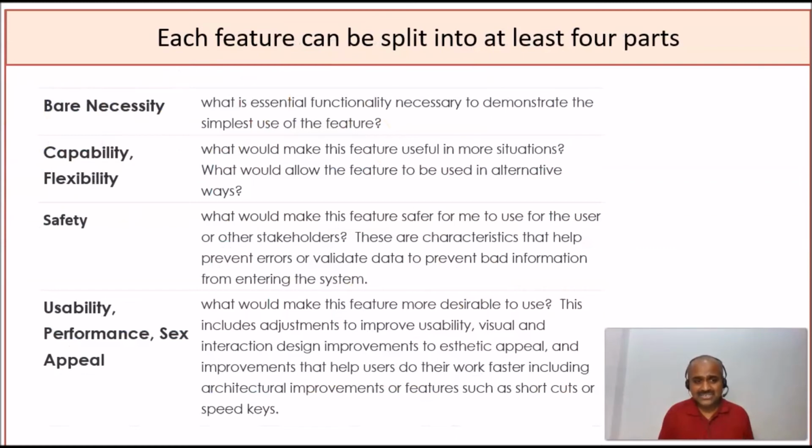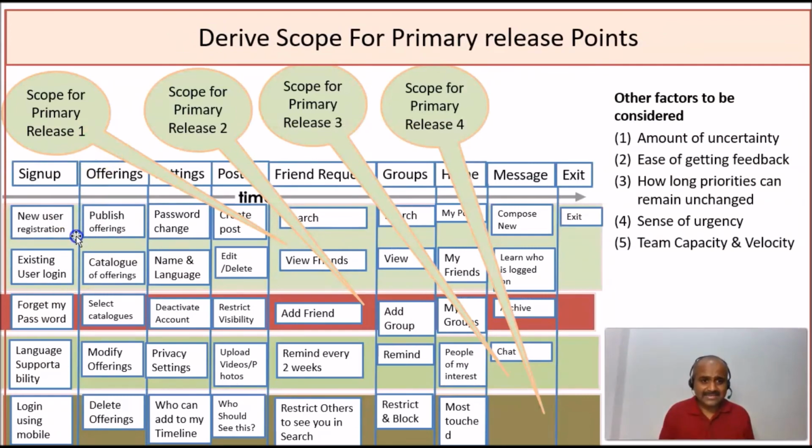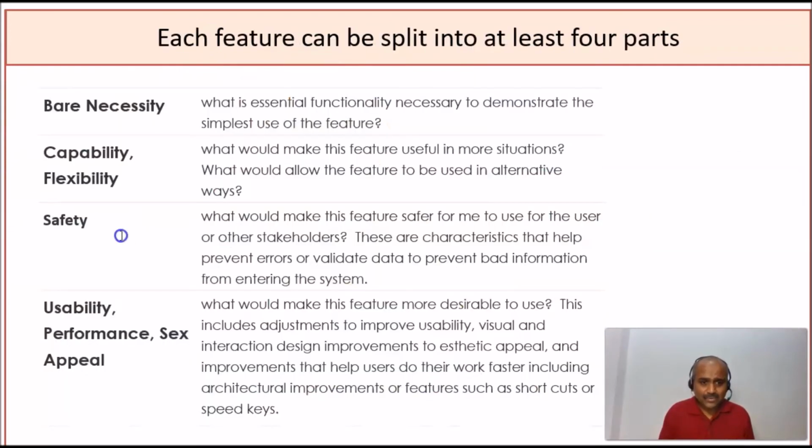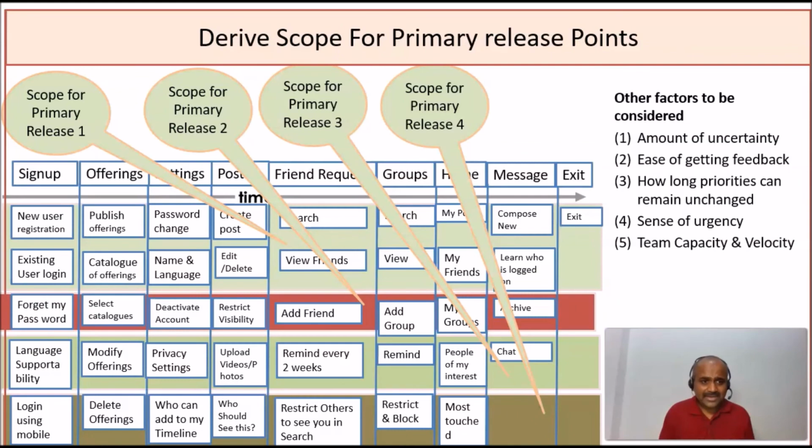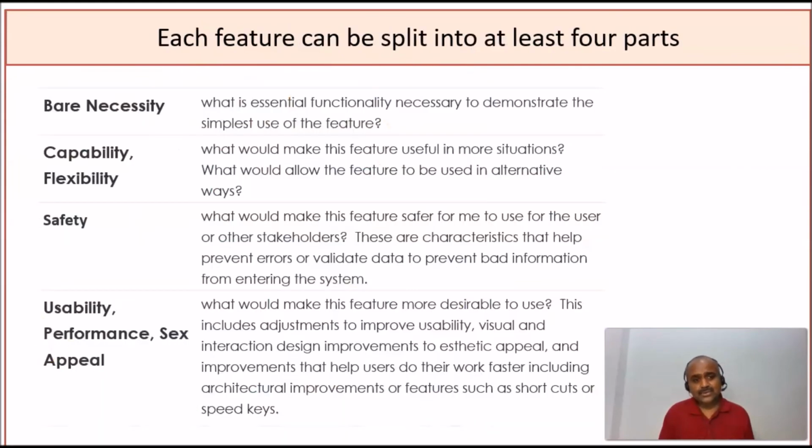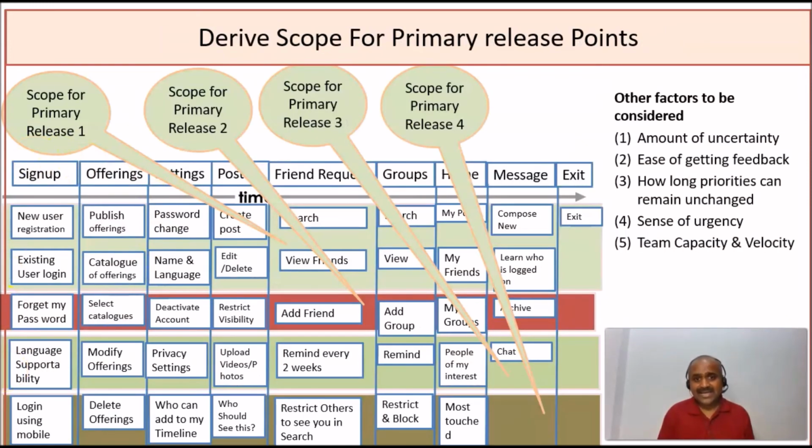Bare necessity features towards top. Next go with capability and flexibility here. And then go for safety. And then finally you close it with more usability, more performance, more look and feel here. And then based on this thought process you cut the scopes for multiple releases within the product roadmap planning.